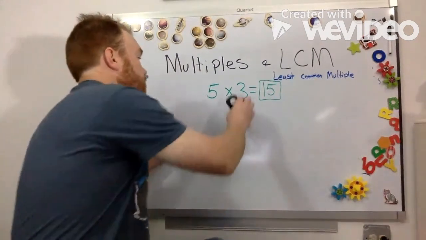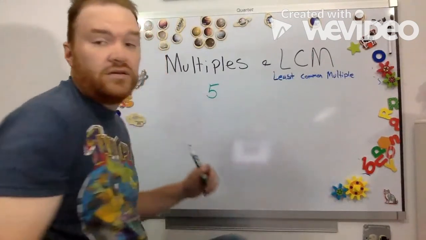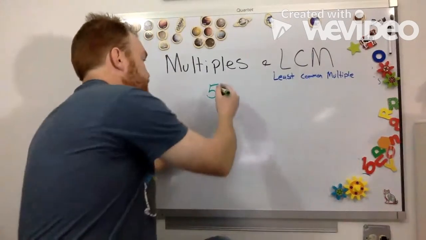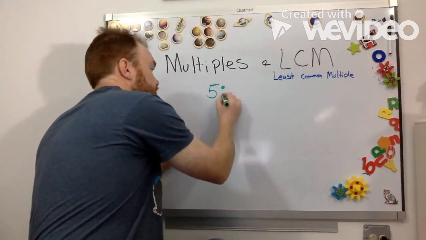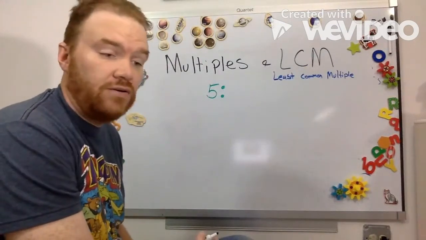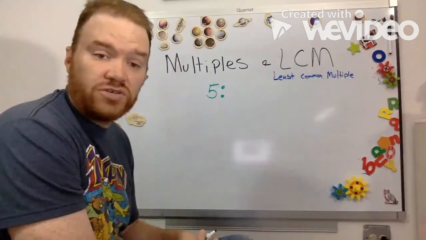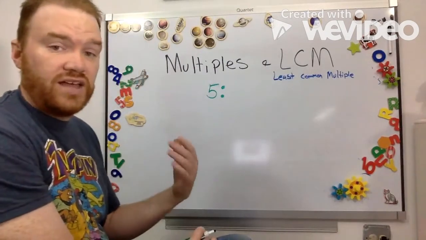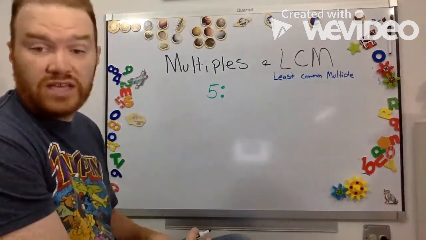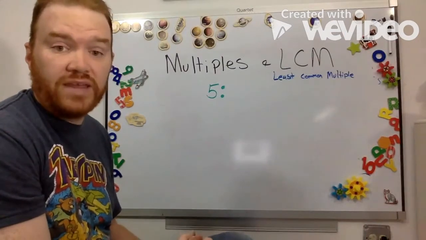So what if I said I want to list multiples of 5? Usually I'm going to do a colon. Now, think back to first grade when your teacher said, okay class, today we're going to count by 5s. Well, that's all we have to do to identify the multiples of any number. We just have to count by that number.